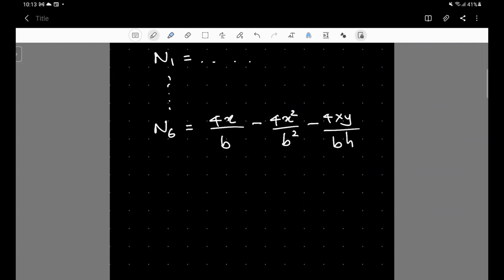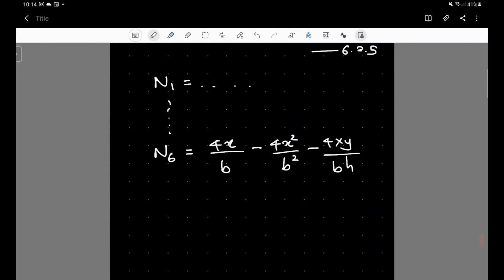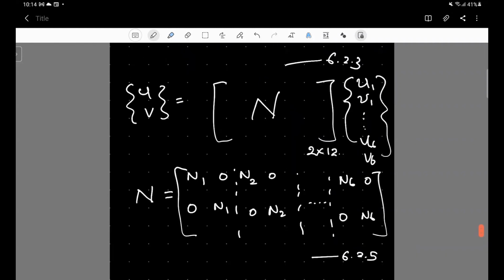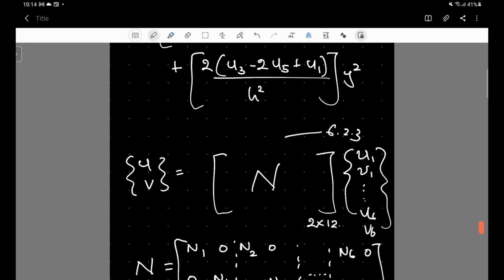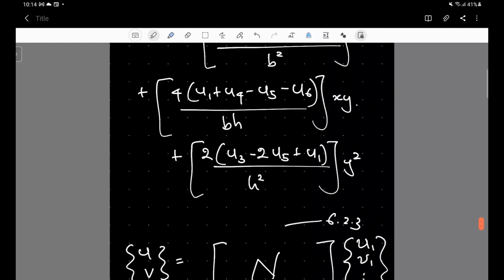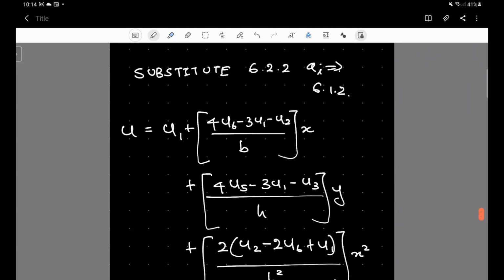So using these shape functions, and by performing the differentiation indicated in the previous section, that is, let me show you this, the differentiation for obtaining the strain.